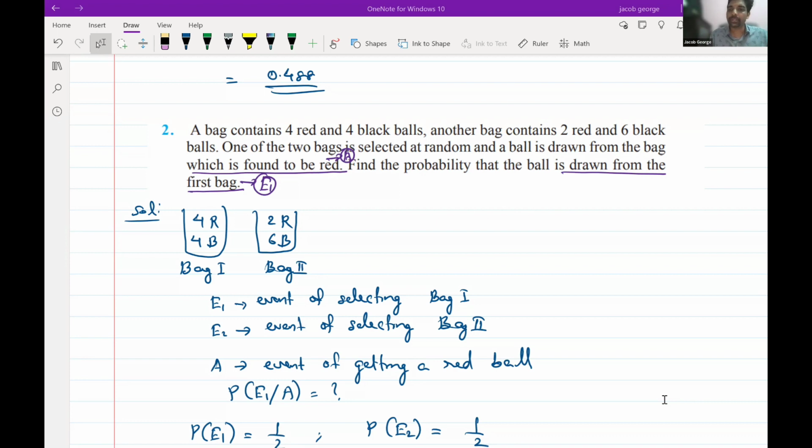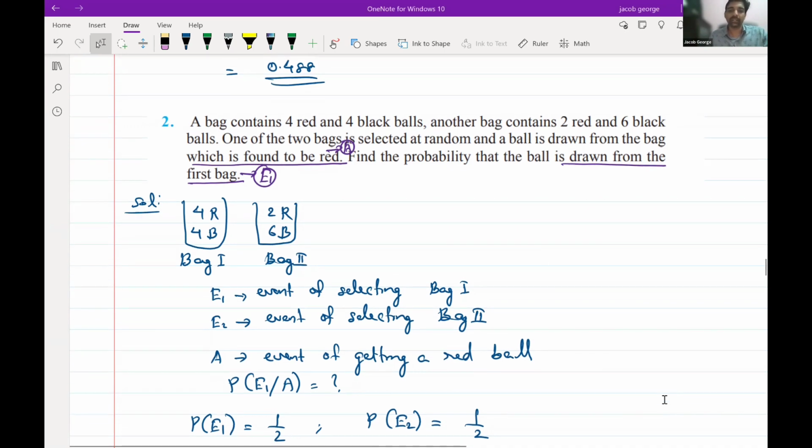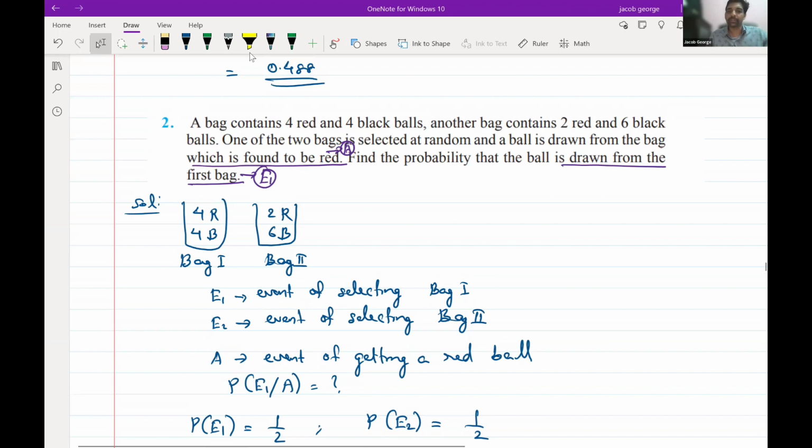Find the probability that the ball is drawn from the first bag. First bag is E1. So find the probability of E1 given A. What is asked here? P of E1 given A. That means it is clearly a Bayes theorem problem.